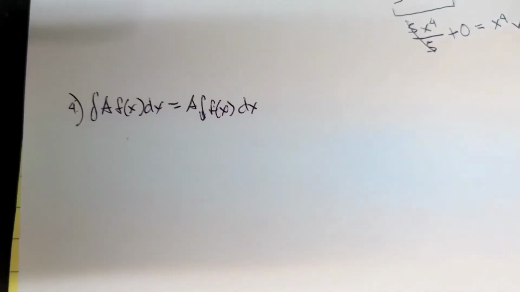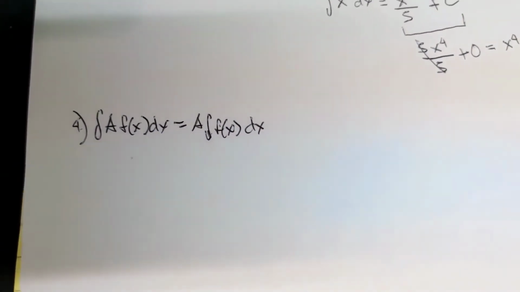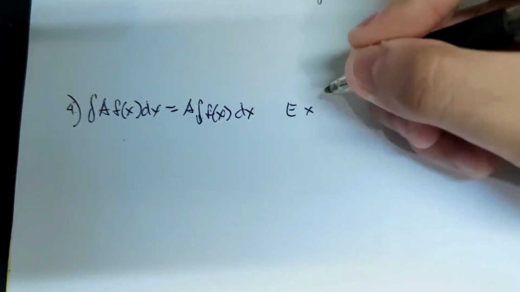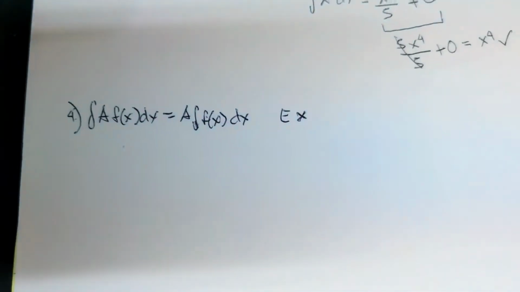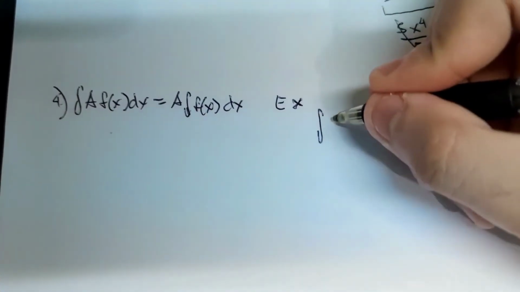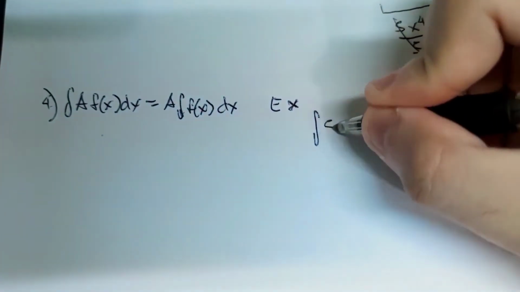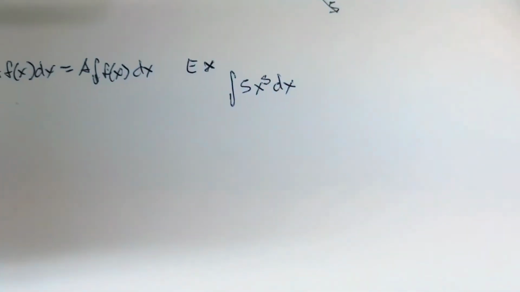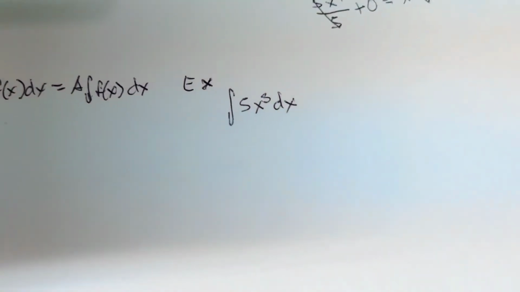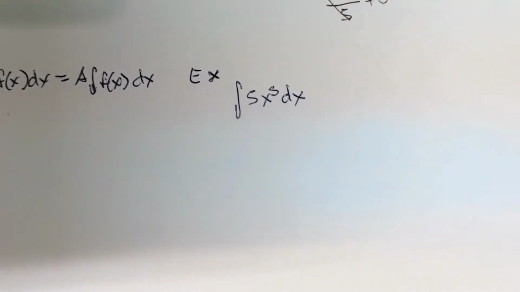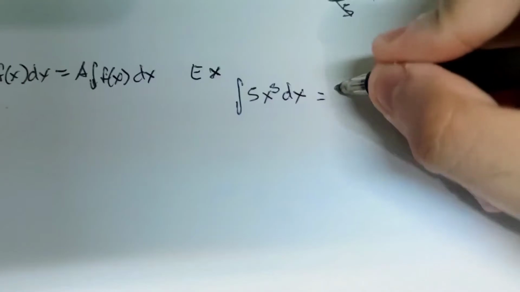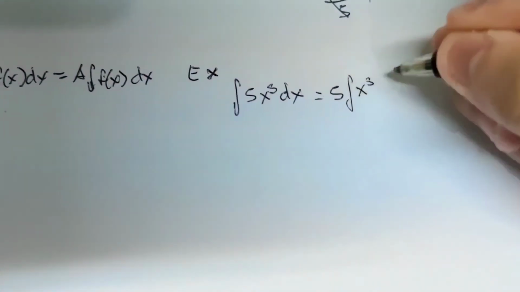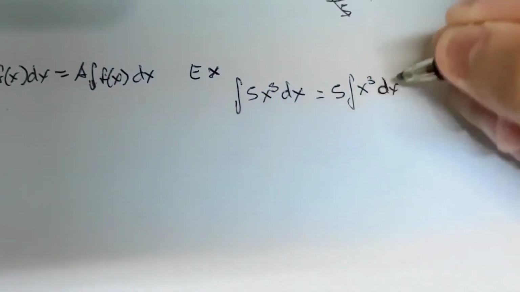Let's have our example: the integral of 5x cubed with respect to x. If we integrate this, we pull out the constant 5, and then have x cubed dx.